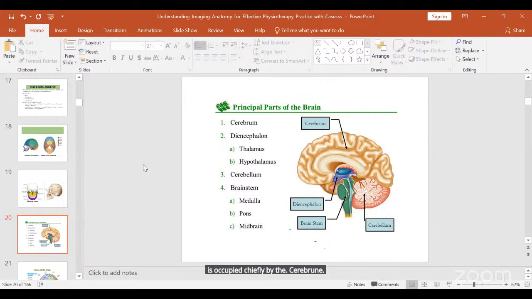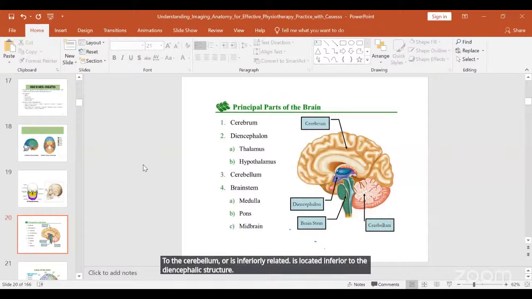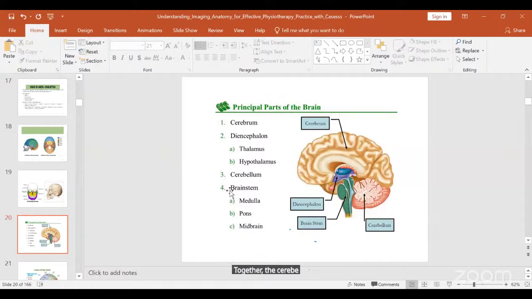Now, the brainstem, we all know, is located inferior to the diencephalic structure. Together, the cerebellum and the brainstem form the posterior cranial fossa. Brainstem anterior, cerebellum posterior.